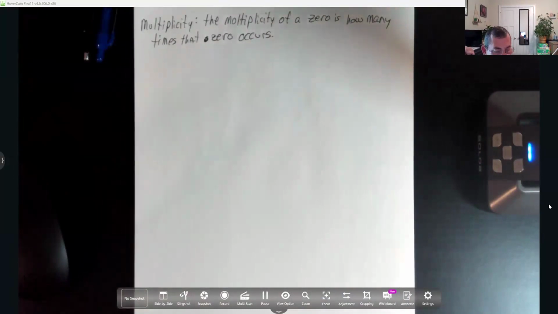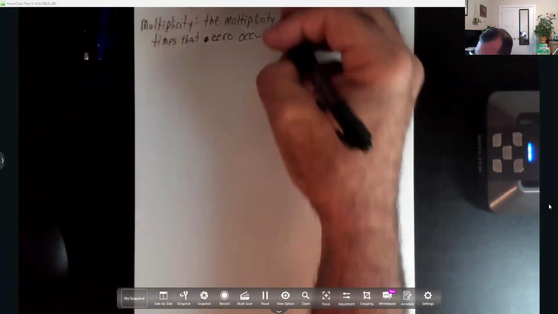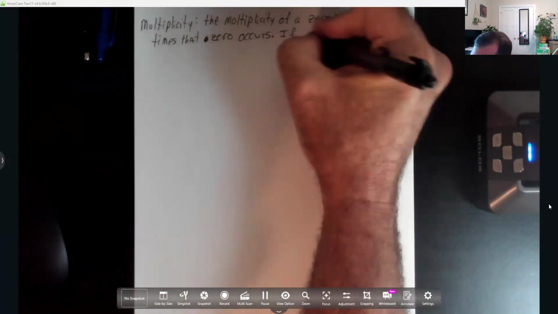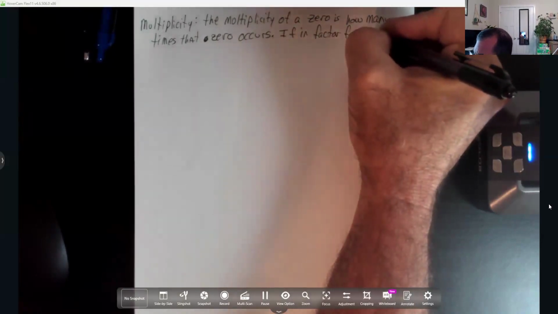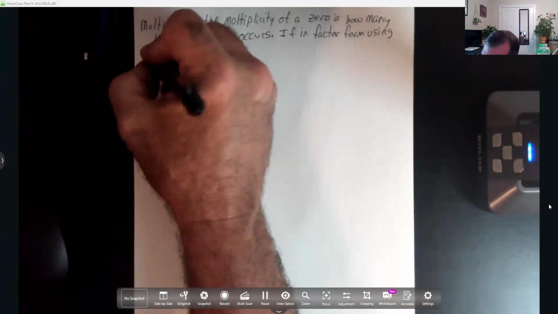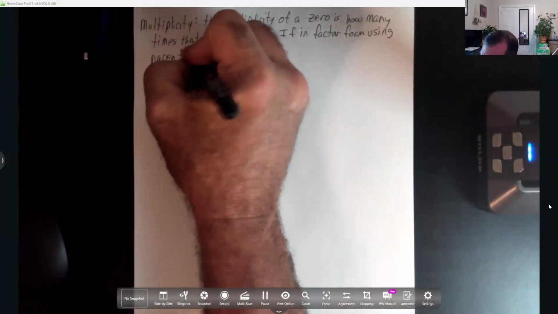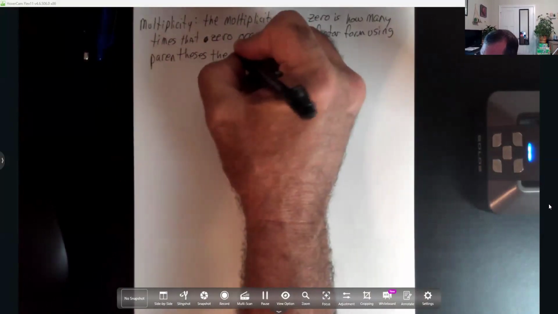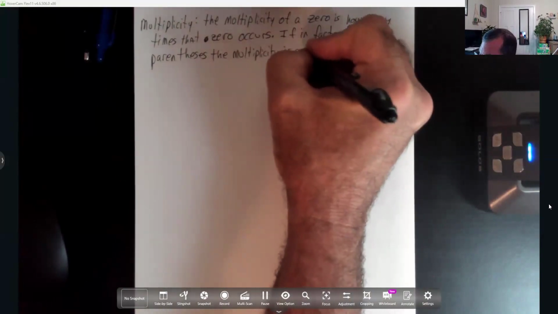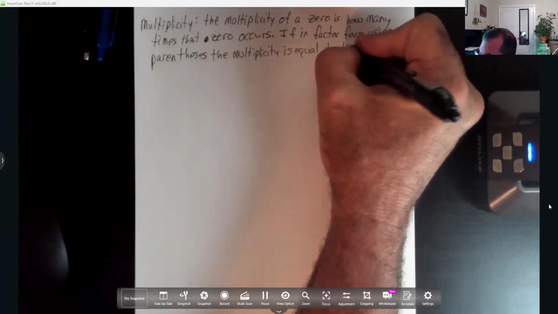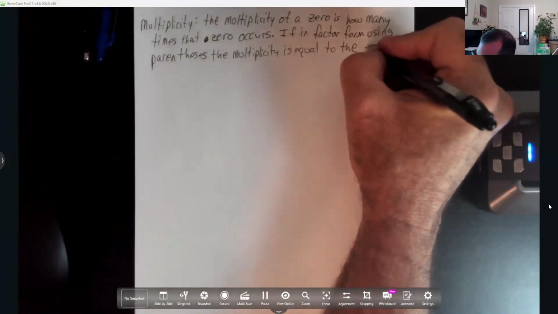Okay. So here's the thing. If the zeros are in factor form, using parentheses, the multiplicity is equal to the exponent outside the parentheses.